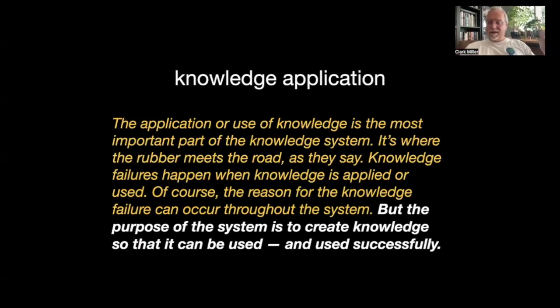So the reason that a knowledge failure occurs is quite likely somewhere else. But this is where that impact happens. This is where the wrong decision gets made, the wrong action gets taken because the system isn't performing the way that it's supposed to be performing.